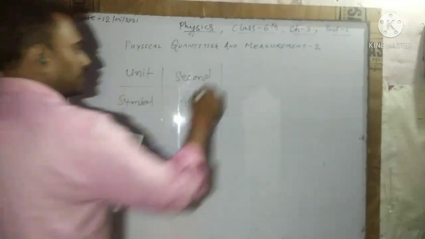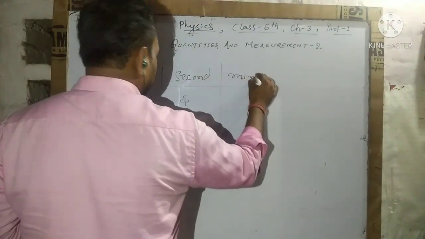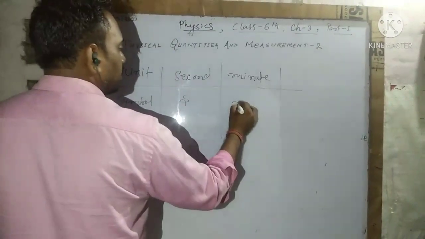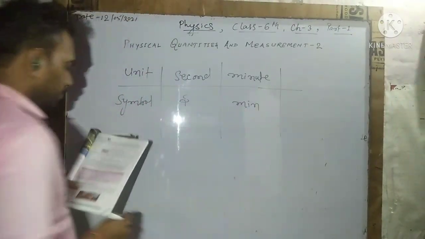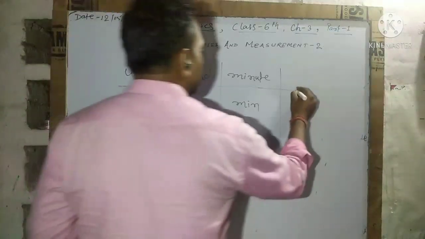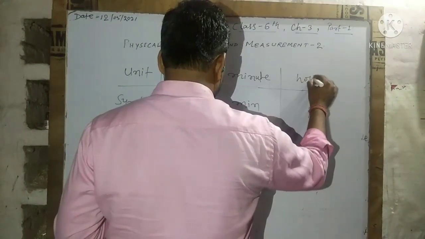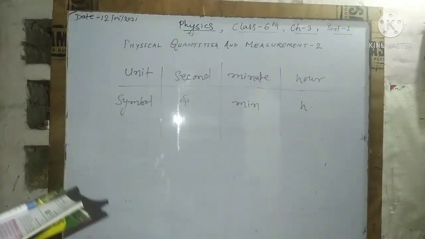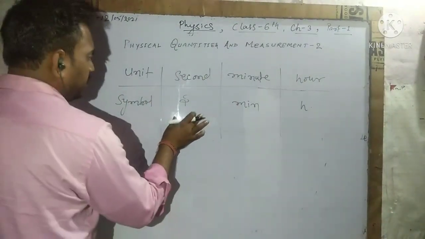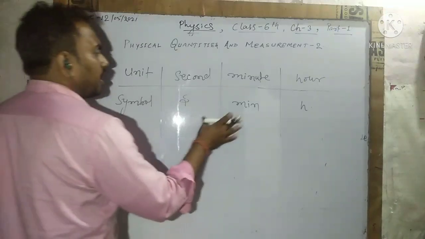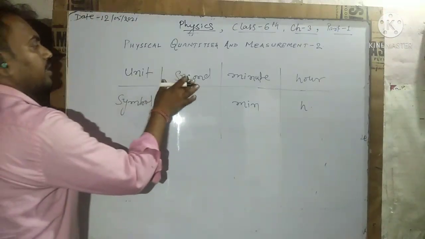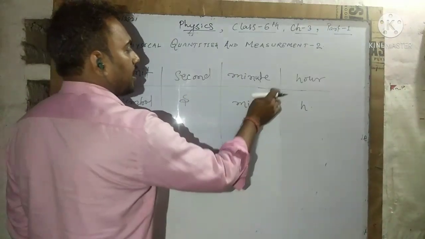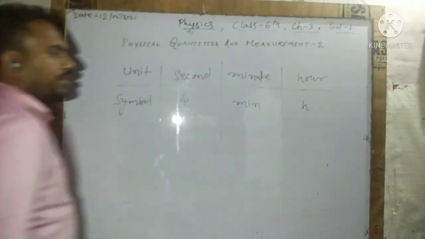Next, minute is simply denoted by min. Next is hour. Hour is denoted by h. These are simple symbols you have to keep in mind: second is denoted by s, minute by min, hour by h.